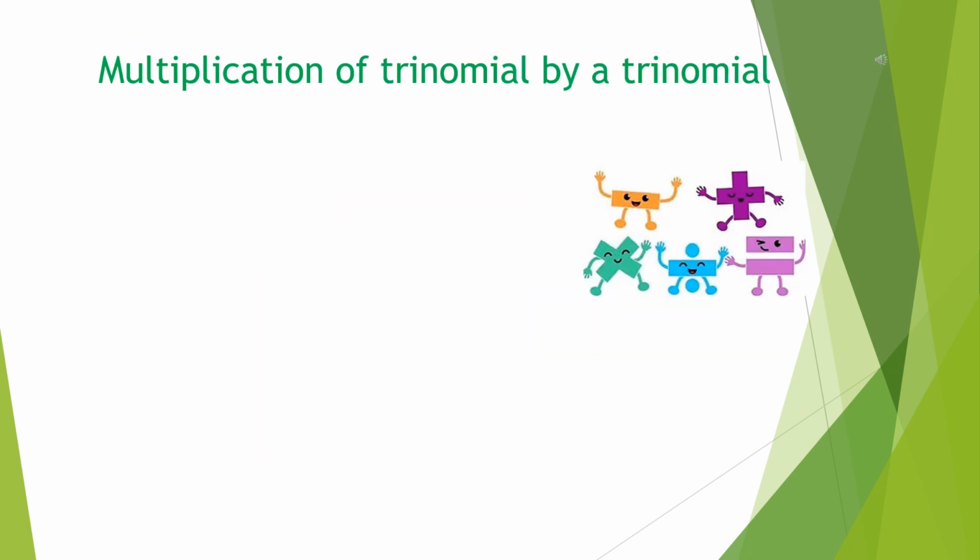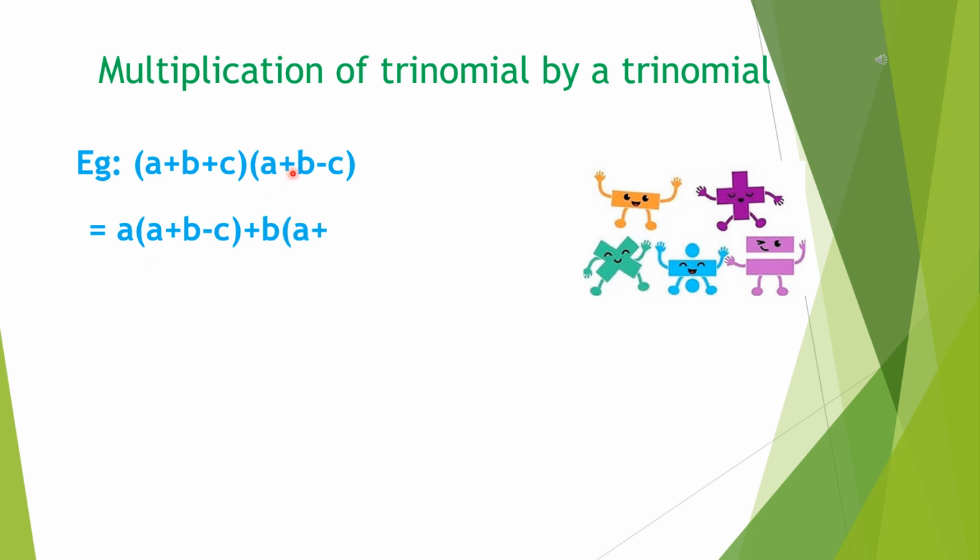Multiplication of trinomial by a trinomial. Example: a plus b plus c into a plus b minus c. We can write a into a plus b minus c plus b into inside the bracket a plus b minus c plus c into a plus b minus c.